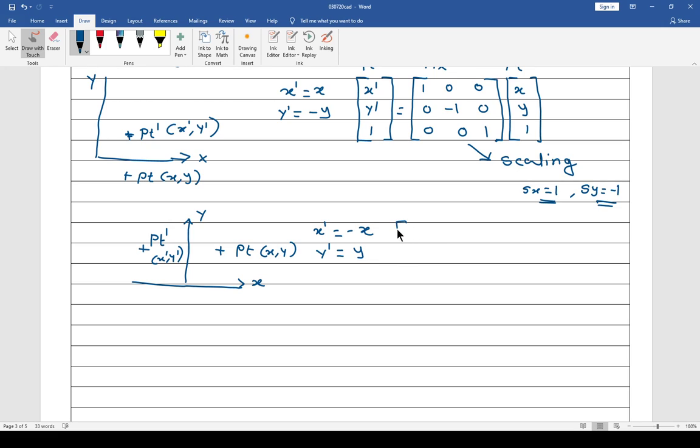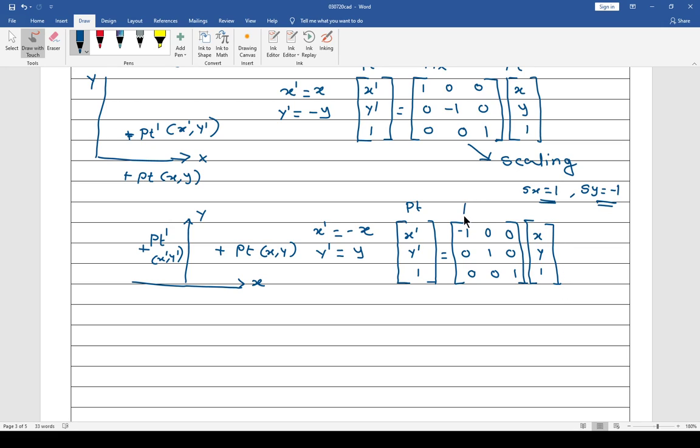So how can I write this in terms of matrix? x dash y dash 1, this is my PT dash, is equal to the matrix minus 1 0 0, 0 1 0, 0 0 1, into x y 1.